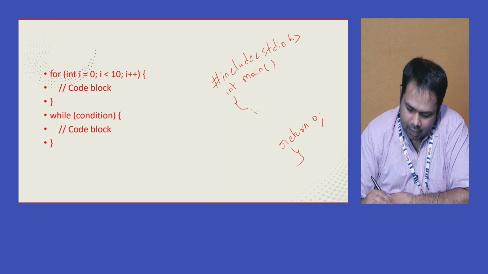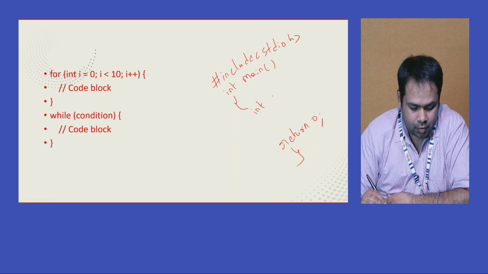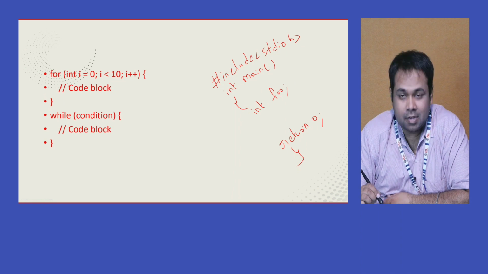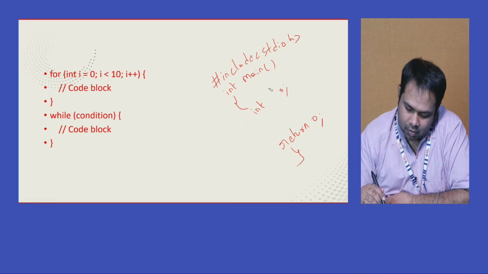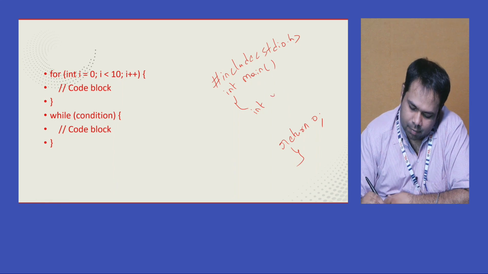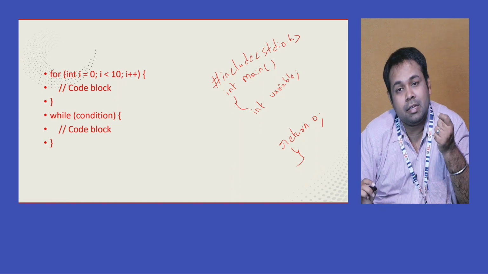In the middle I am writing int. What is this? Keyword. Variable name. If I write int for, variable name is for. This is not allowed. Why? Because for is a keyword. Instead you can use any name. You can use the name variable also. Why? Because variable is not a keyword here.